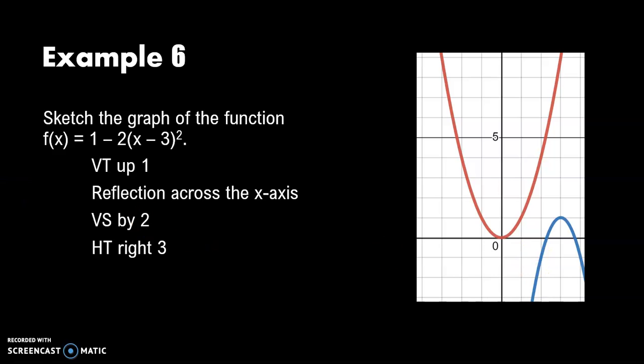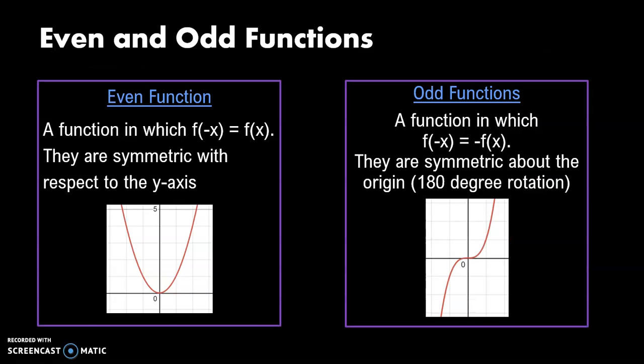Now let's look at another related topic to this. We're looking at even and odd functions next. Okay, an even function is a function that when we evaluate for a negative value, it's going to equal the same thing as if we evaluated for the positive form of that value. So notice if I put in -1 to the x squared function, which is what this graph is, I would get +1.